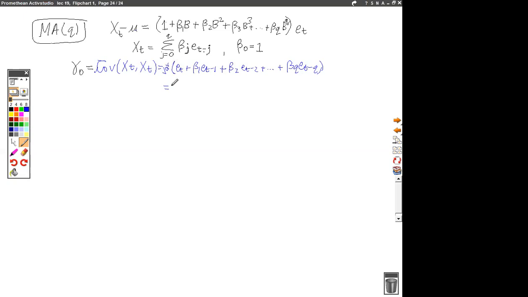And what I will get is variance of et plus variance of beta 1 et minus 1, and so on. And if I write this, it's just sigma squared, and this is going to be just beta 1 square sigma square plus beta 2 square sigma square, and it goes on till beta q square sigma square.